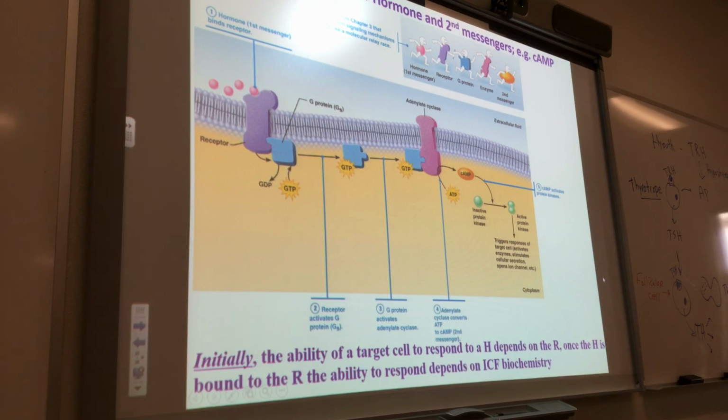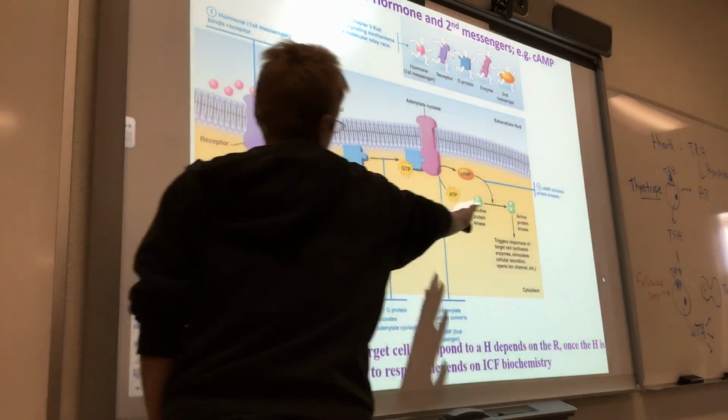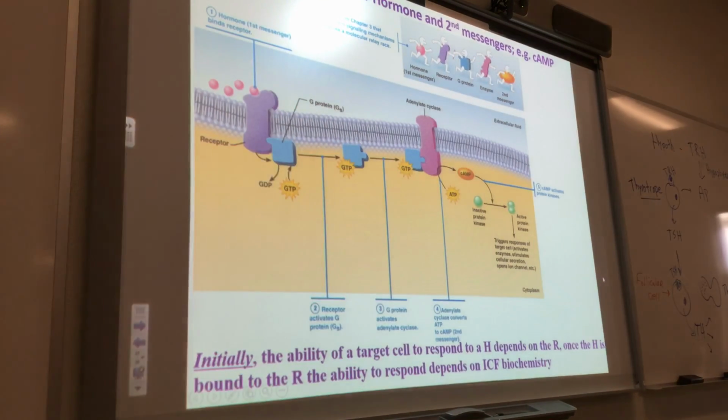I don't know if there's any diseases like that. That person would probably be dead if you couldn't make your G proteins. But you have to have not only the hormone, but you have to have all this biochemistry and all the proteins in the biochemistry and all the enzymes. They all have to be working too, so the cell can do its job.